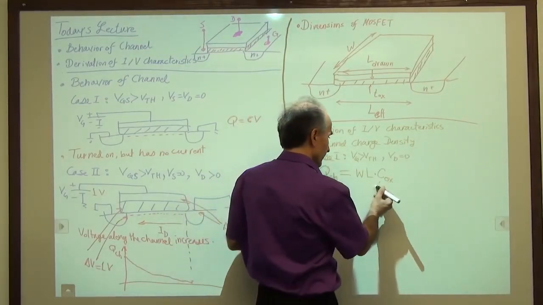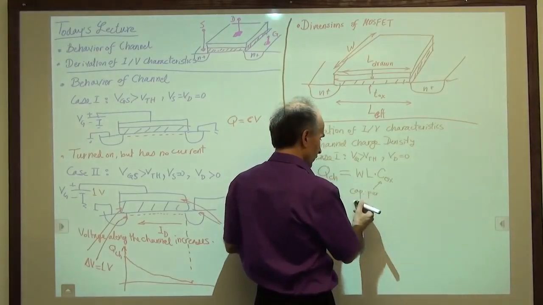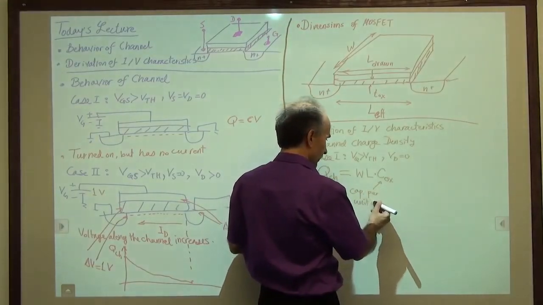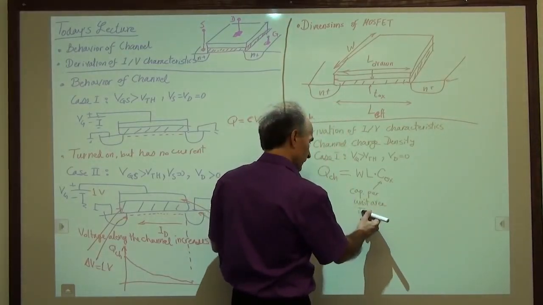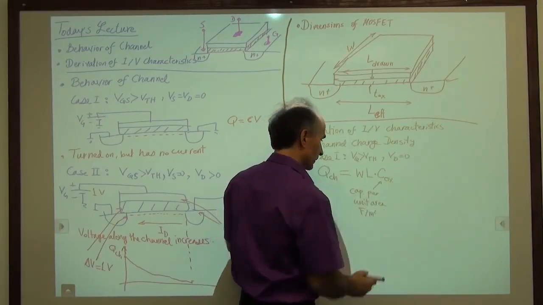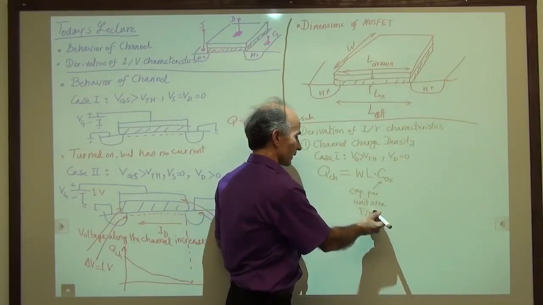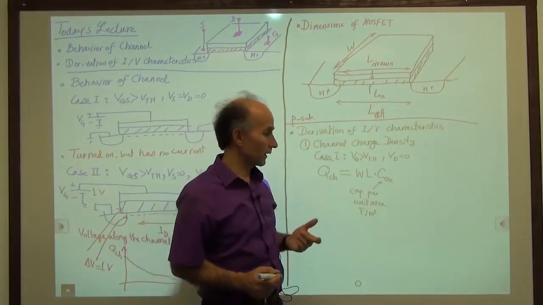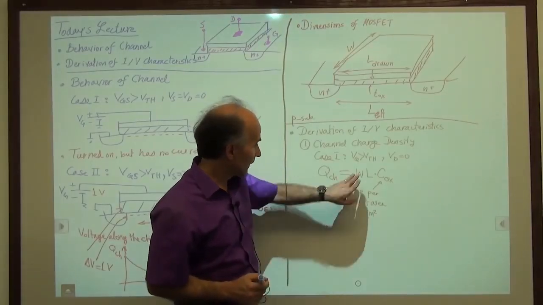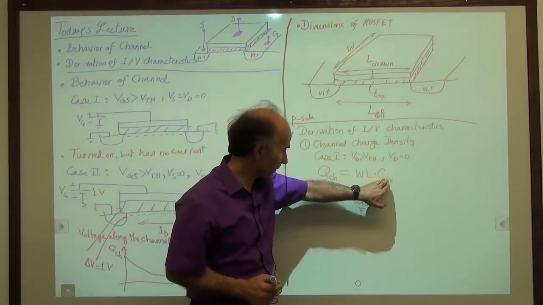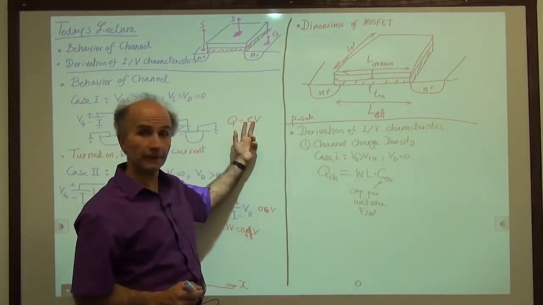So Cox itself is capacitance per unit area. The unit would be, for example, farad per meter squared, or more interestingly, femtofarad per square micron. So the area of the device times the capacitance per unit area gives us the total capacitance. So that's this term here.